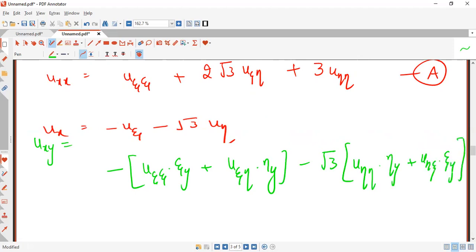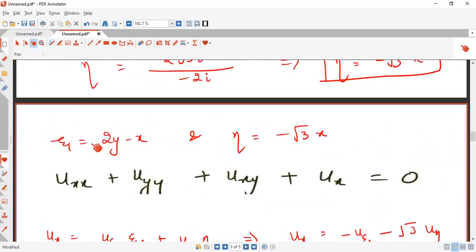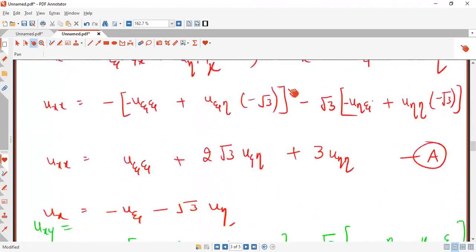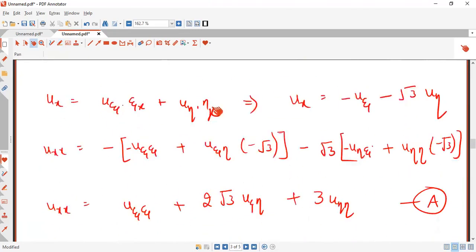With the value of xi y and eta y: xi y is 2, eta y is 0. So this will get cancelled.